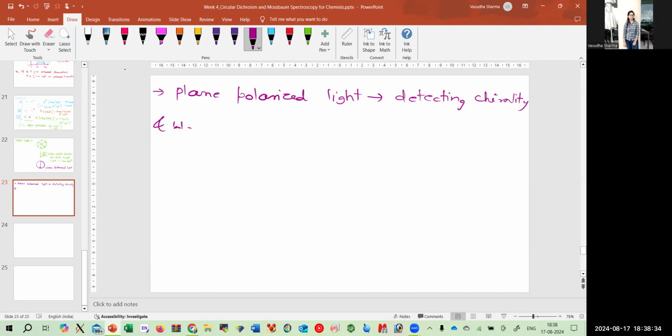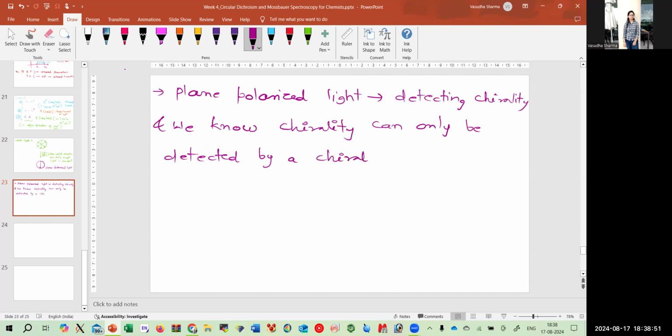And we know that chirality can only be detected by a chiral environment, right?